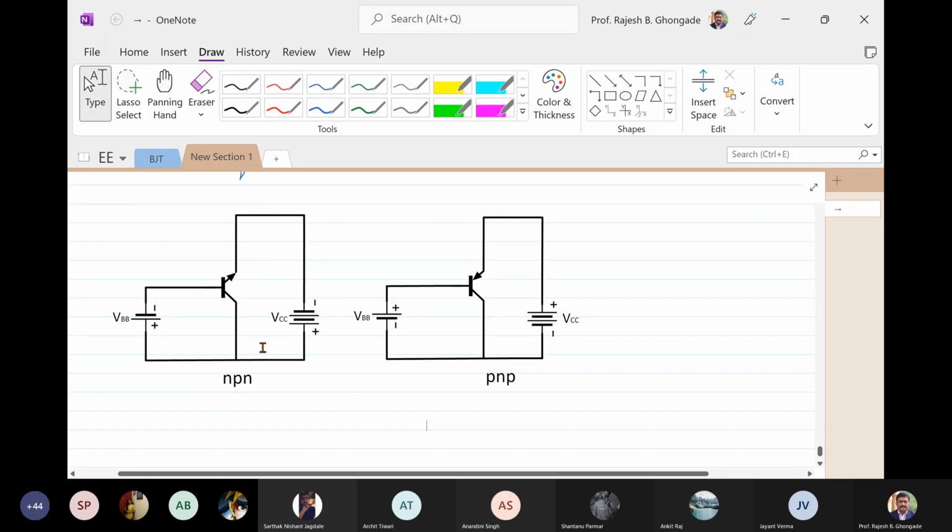So this is how the common collector configuration will look like.